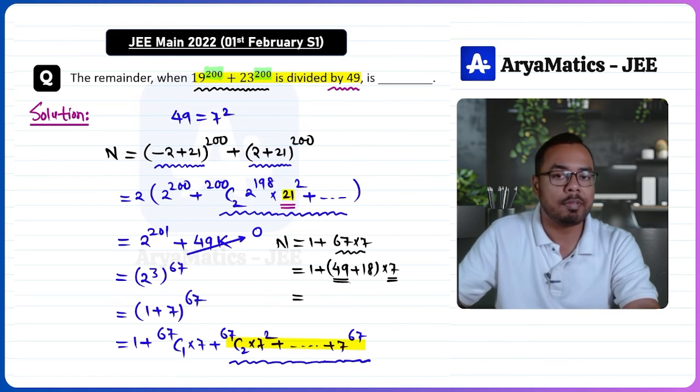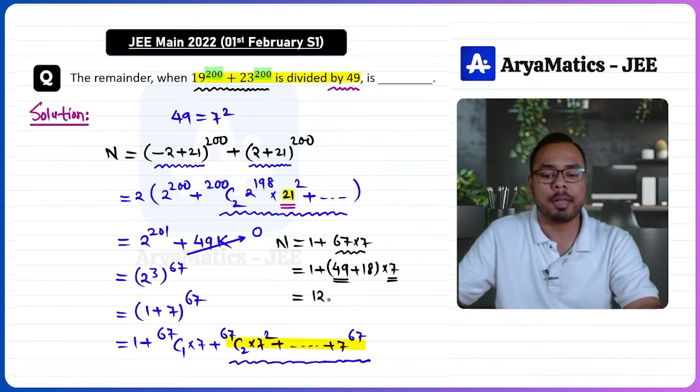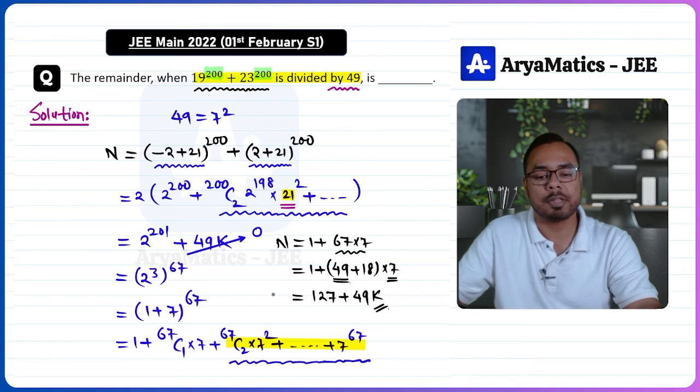So basically we are left with 18 into 7 plus 1. Now 18 into 7 will be 126, plus 1, so that will be 127, right? So basically this number is 127 plus some multiple of 49. Ultimately the number is of this form.